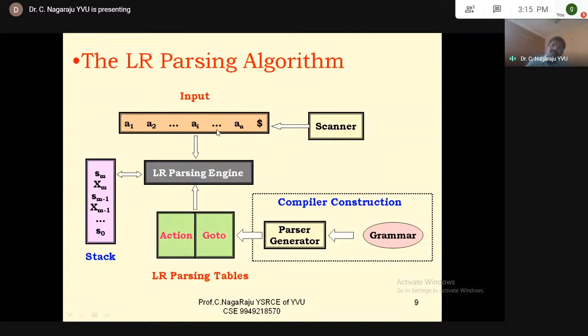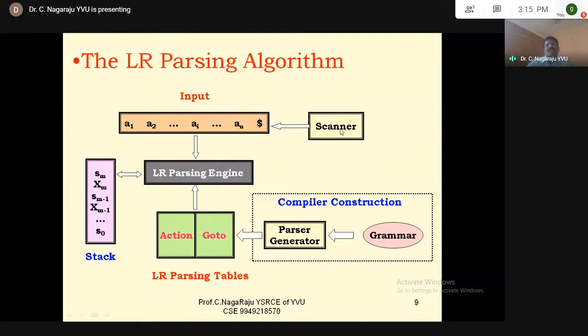All LR parsers use parse table construction. In the top-down procedure we also applied a parsing table, but that table was constructed using FIRST and FOLLOW. Here we can construct the parse table in a different way.